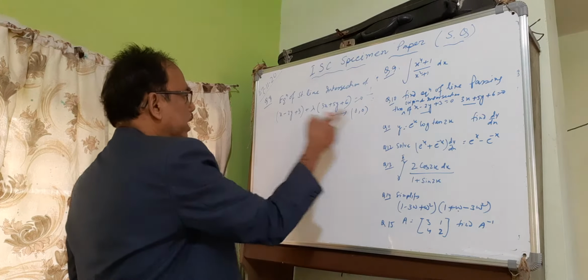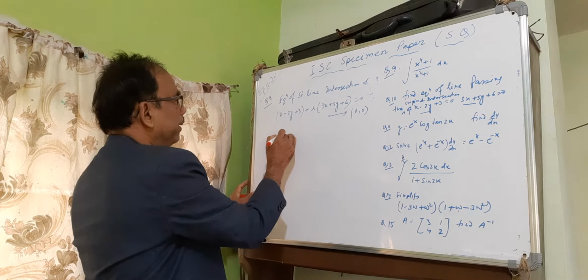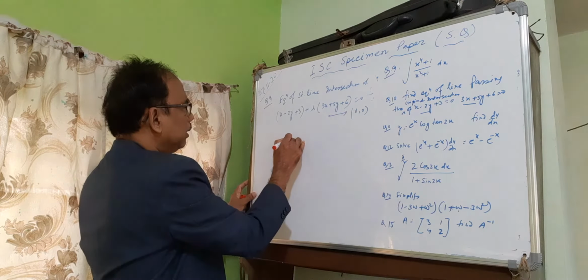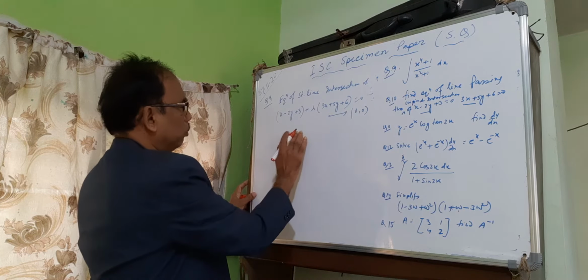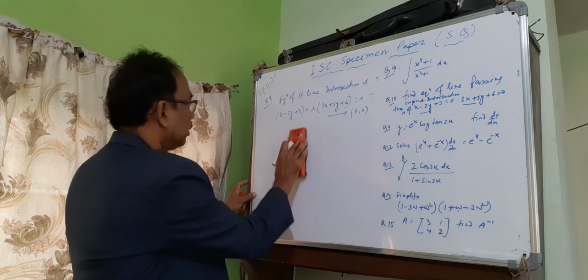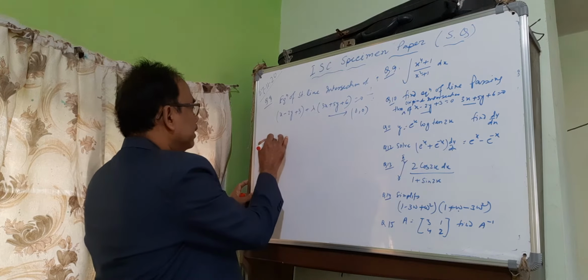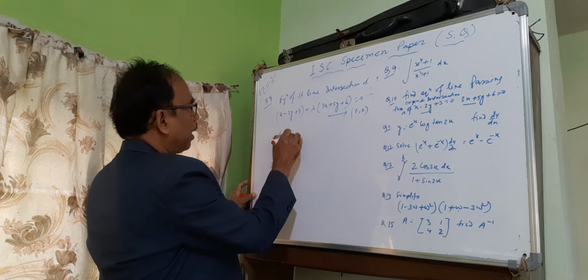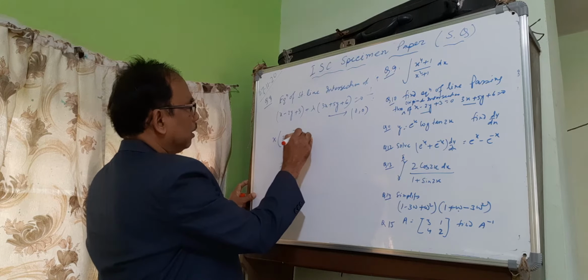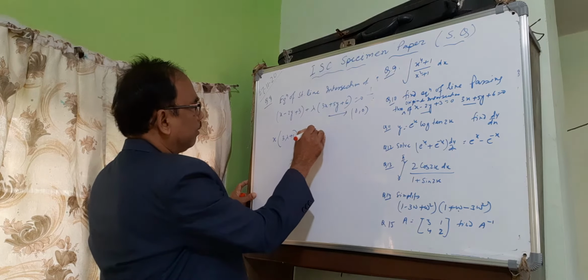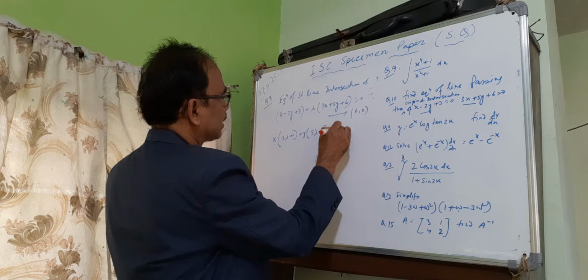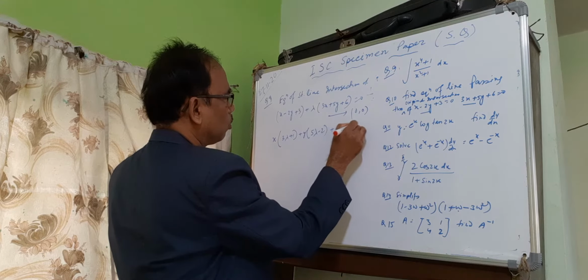Now this origin will satisfy this equation. Simplifying, we can write x into 3 lambda plus 1 plus y into 5 lambda minus 2 plus 6 lambda plus 3 equals 0.